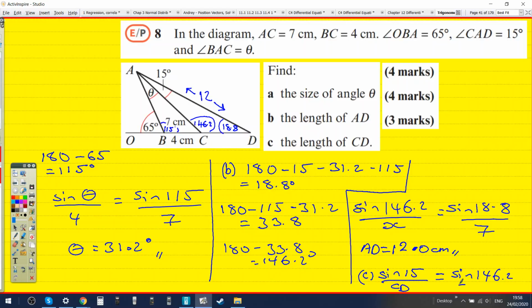Yeah. And then CD equals 5.6 centimeters.